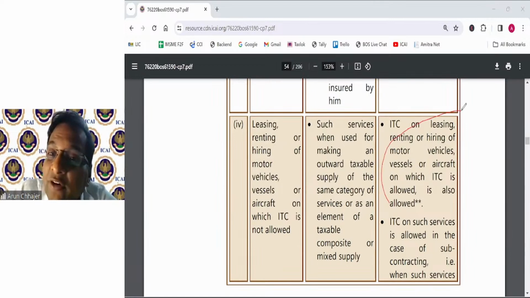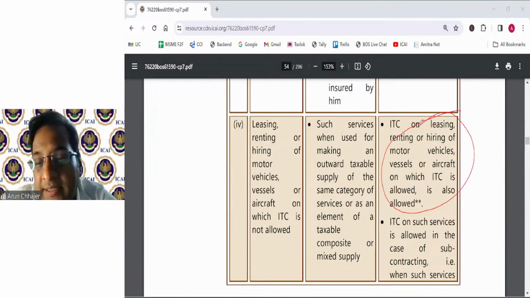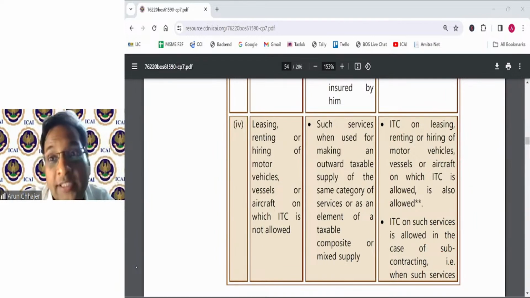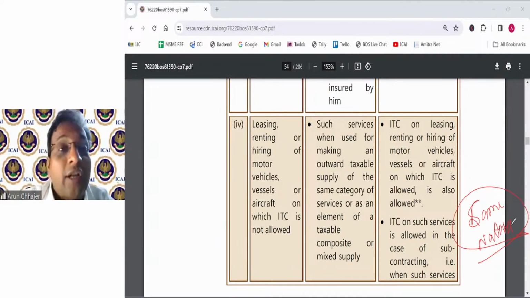Then ITC on the leasing, renting, or hiring is allowed. ITC on such services is allowed in case of subcontracting. We have discussed two concepts that further same nature. If you are having the inward supply for providing the outward supply, same nature, or composite or mix, then ITC would be allowed.